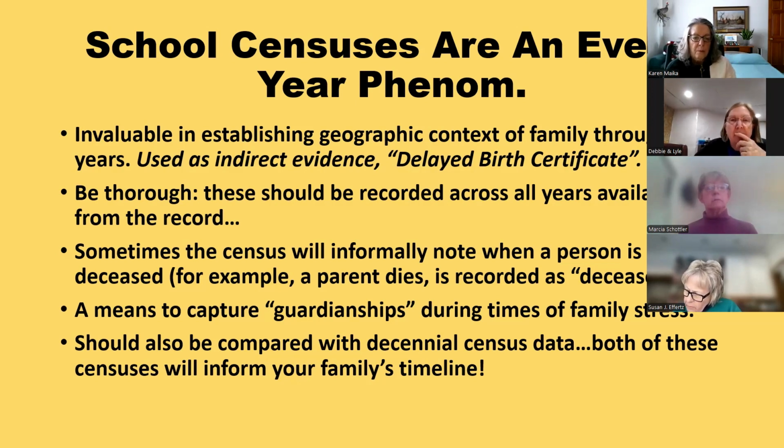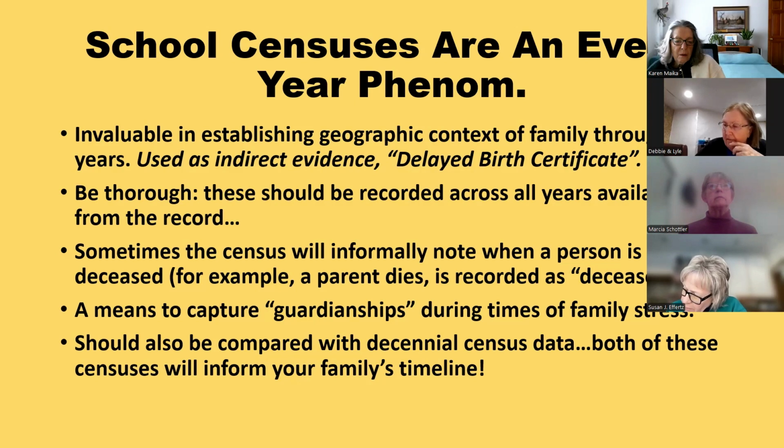It's exhausting, I know. Sometimes the census is going to informally even note when a parent, usually, sometimes a child, but not very often, when a person is deceased. In Montana, I could kick them because instead of recording the parent as Norris Brown deceased, they just put in deceased. So you're going to have to look in previous years to find that guy's name.